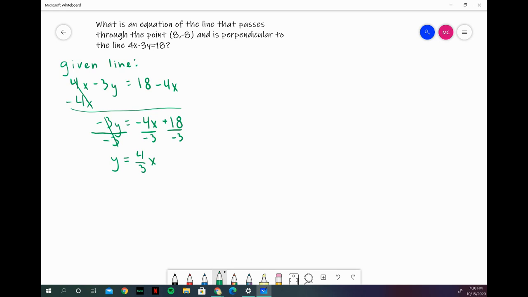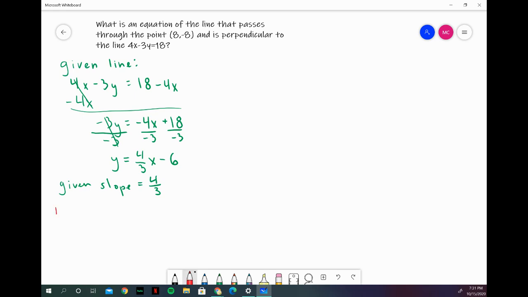And 18 divided by negative 3 becomes negative 6. And by all means, use a calculator if you need to. So the given slope is 4 over 3.